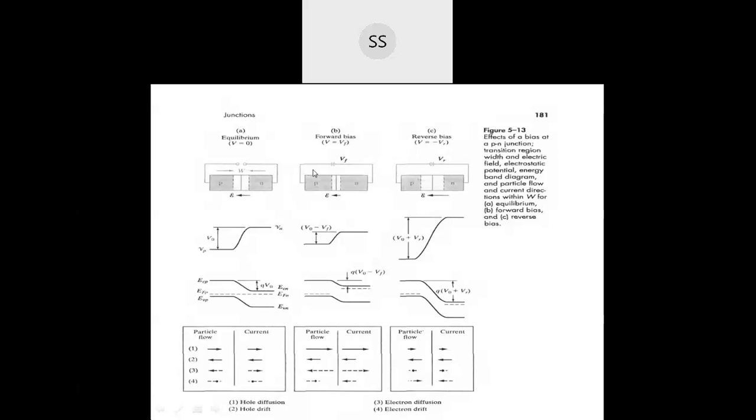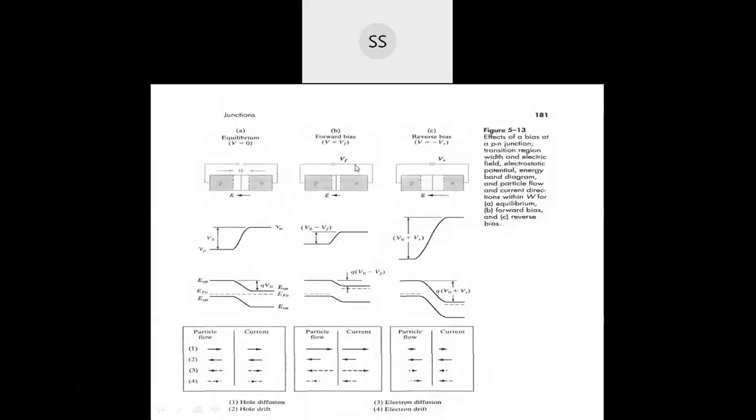Now, how is this condition affected by the application of external bias? That is studied under two conditions: one is forward biasing, the other is reverse biasing. Observe the notations here: for forward biasing, V will be equal to Vf, and V will be equal to minus Vr for the reverse bias condition.